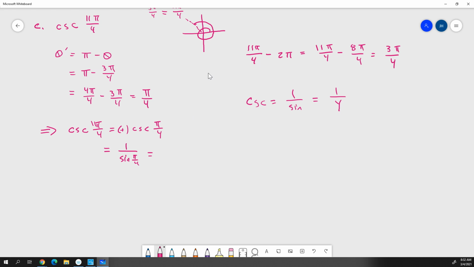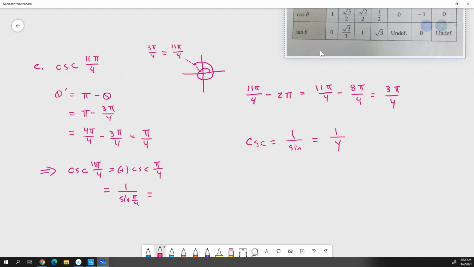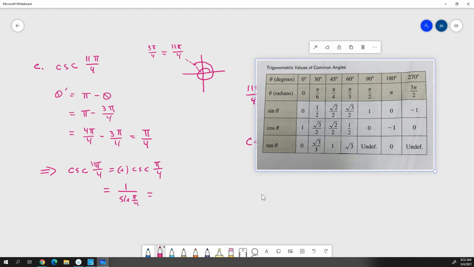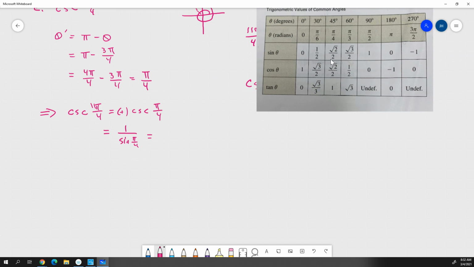And if we look at our chart down here, little chart, sine of pi over 4 is just radical 2 over 2. So we're saying that it's 1 over radical 2 over 2. And now we just have to do our crazy math, right?